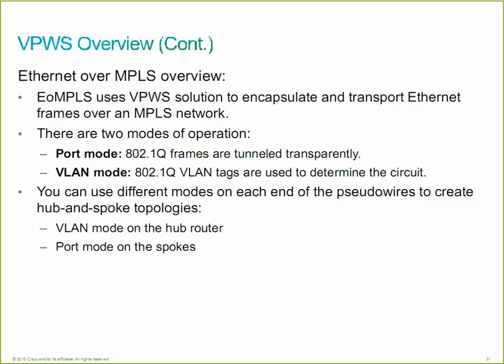So think of the VLAN tag almost like a DLCI in frame relay, or a VPI or VCI in ATM. We might have multiple pseudo wires, and we're segregating that VLAN traffic and using the 802.1q tag as the connection identifier.